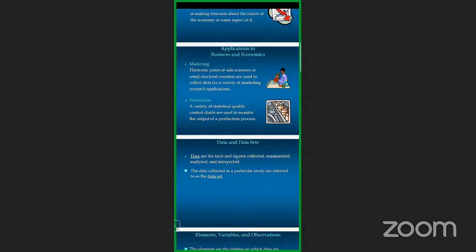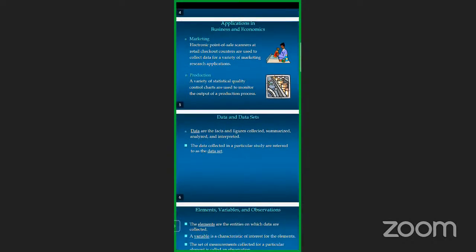So the data is required for everything, in the form of numbers. Whatever numerical data we collect and present is statistics.